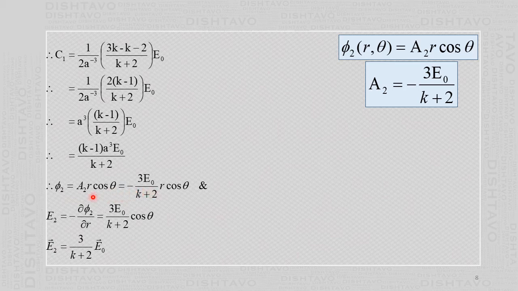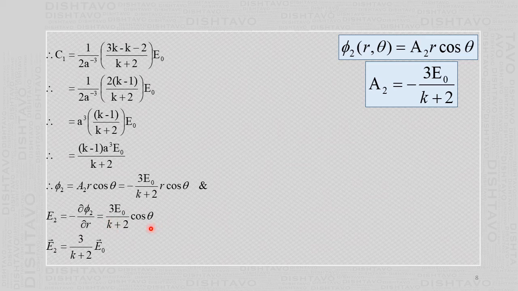Then to find the electric field inside the dielectric, E2 is minus dou phi 2 by dou r. So differentiate this. When you differentiate this partially with respect to r, the derivative of r becomes 1, and you get this: 3 E naught by K plus 2 cos theta, because this minus and minus sign become plus here.